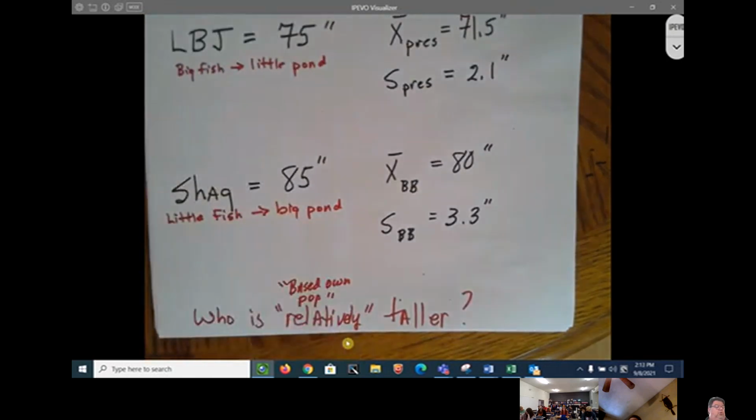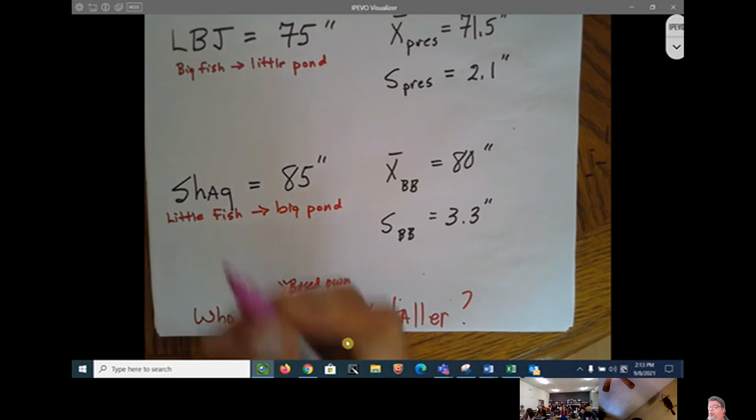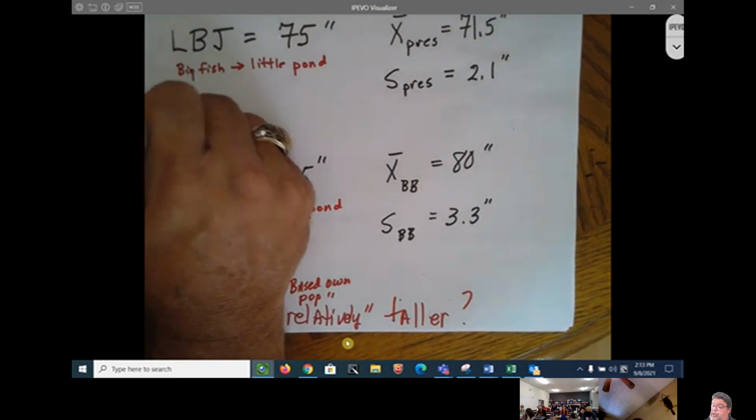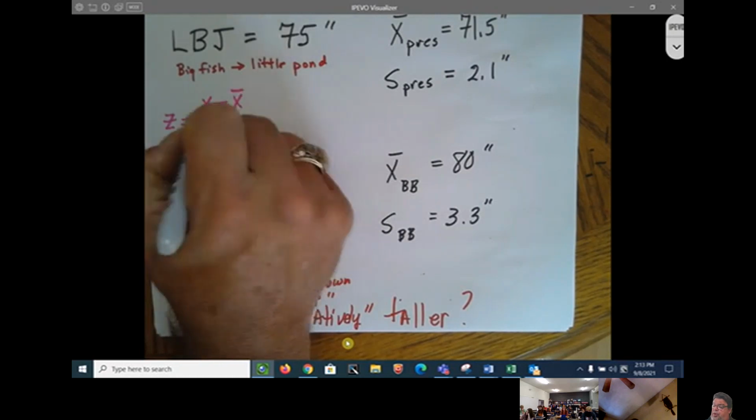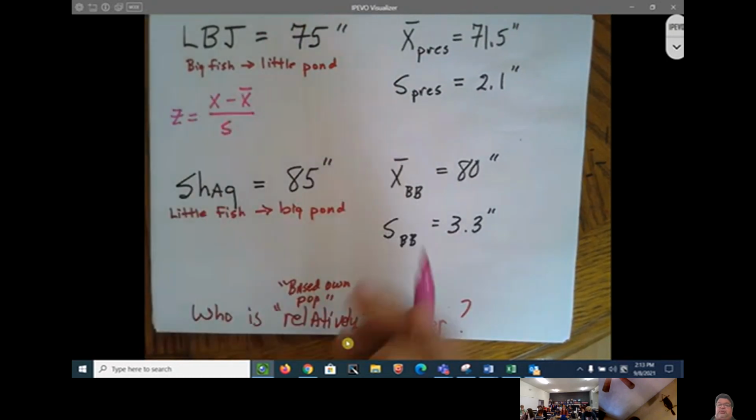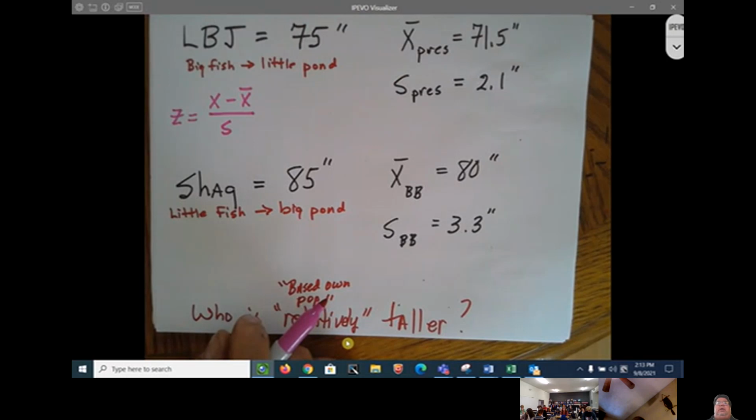Well, you're going to calculate what they're called the Z-score. The Z-score is what compares apples and what? Oranges. Apples and oranges. So the Z-score formula is X minus X bar over the standard deviation. Write that down.